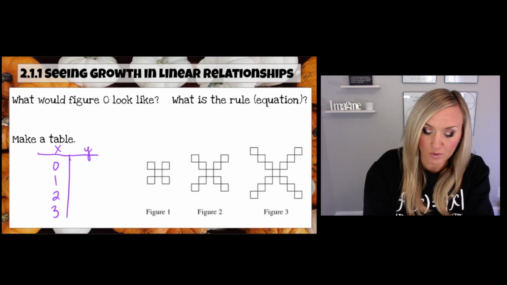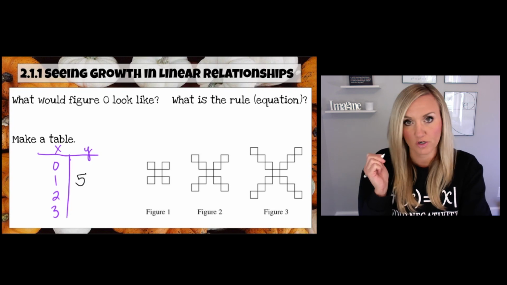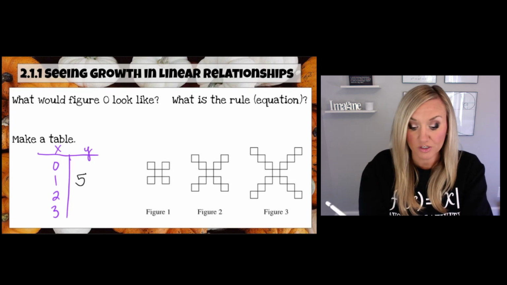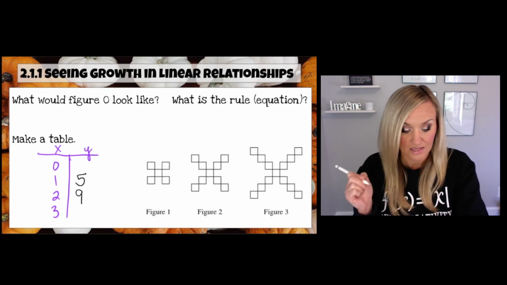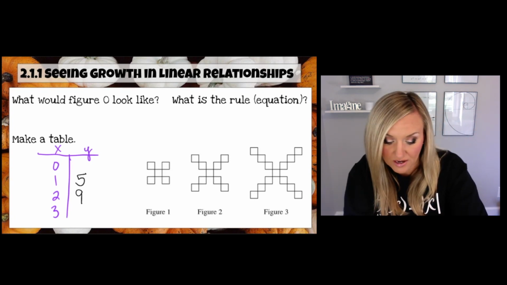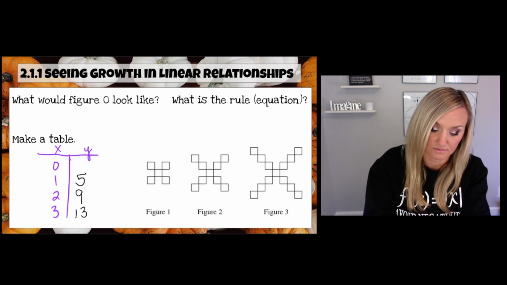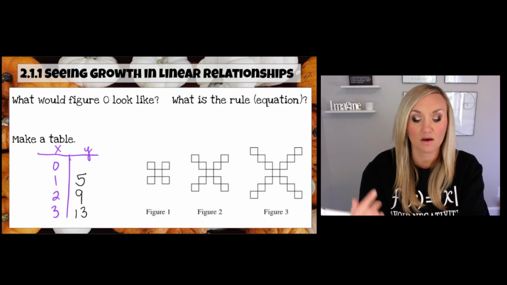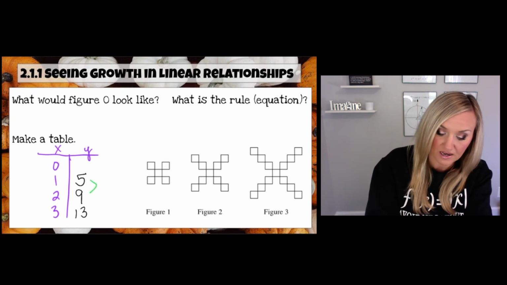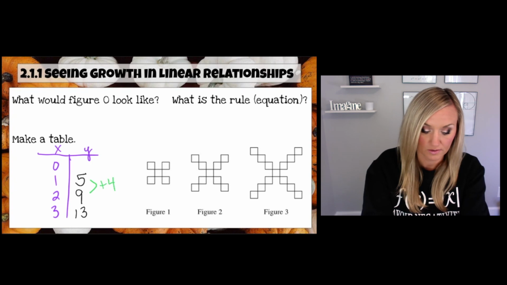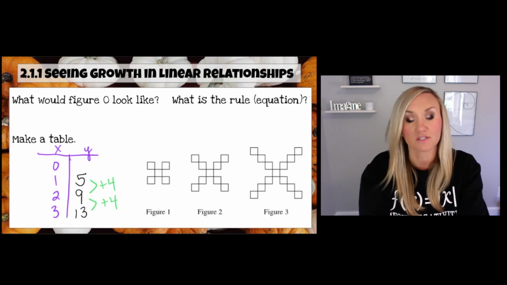And so for figure 1, we have 5 squares. Okay, so figure 2, we have 5, 6, 7, 8, 9. And figure 3, 1, 2, 3, 4, 5, 6, 7, 8, 9, 10, 11, 12, 13. Okay, so this pattern is growing by how much each time? 5 plus 4 gives us 9. 9 plus 4 gives us 13.